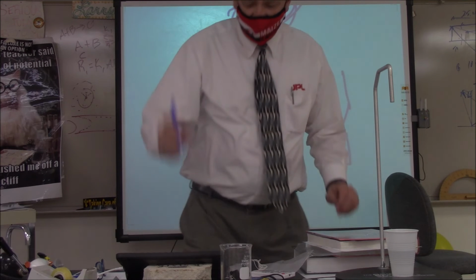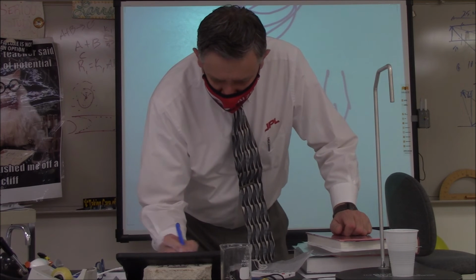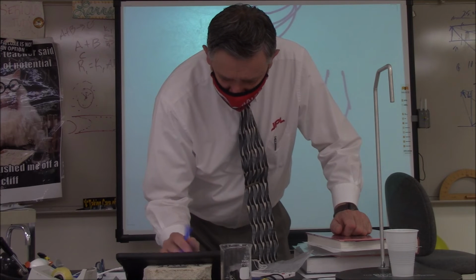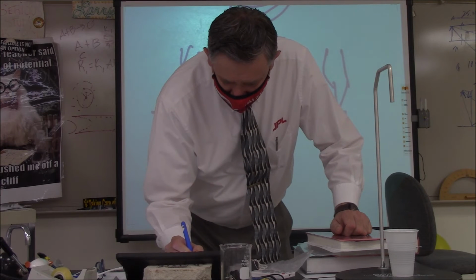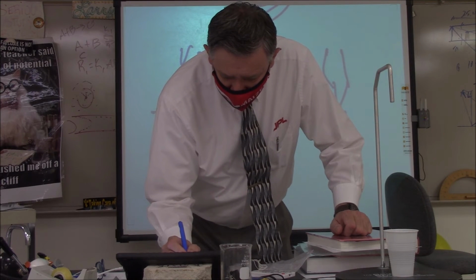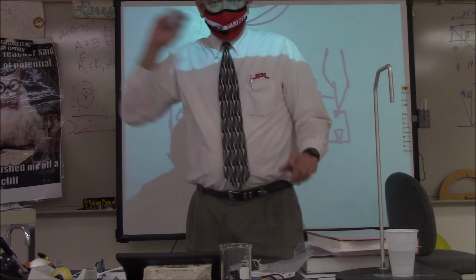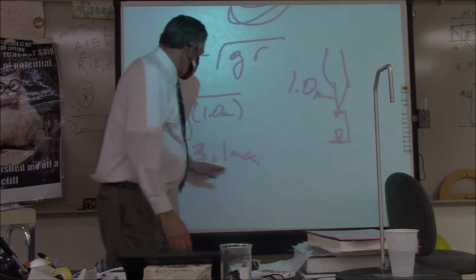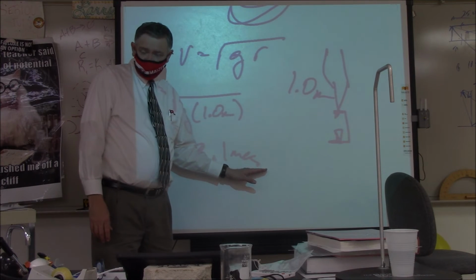So, Matt, take your calculator. Take g times 1 meter and then the square root of that. 3.1 meters per second. So if I'm going to do this and stay dry, at a minimum, I have to be going 3.1 meters per second.